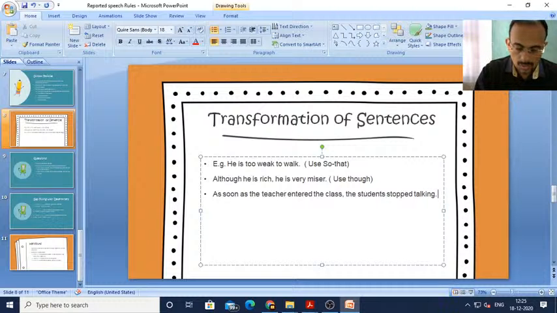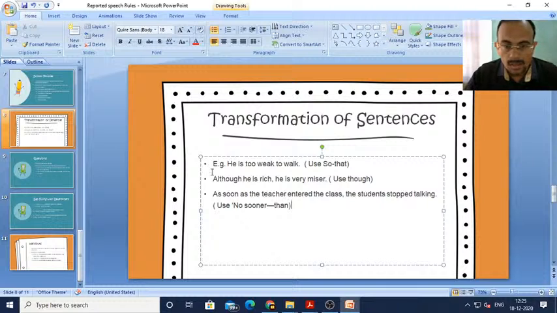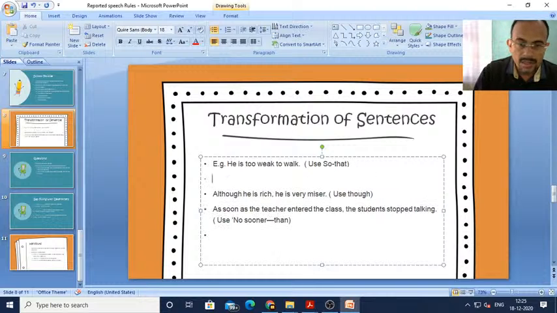So if you are to convert this sentence, you can use no sooner than, no sooner, and it is than. Okay, so I shall write the answers for you and then we will discuss. Like he is too weak to walk. You have to write he is so weak that he cannot walk.